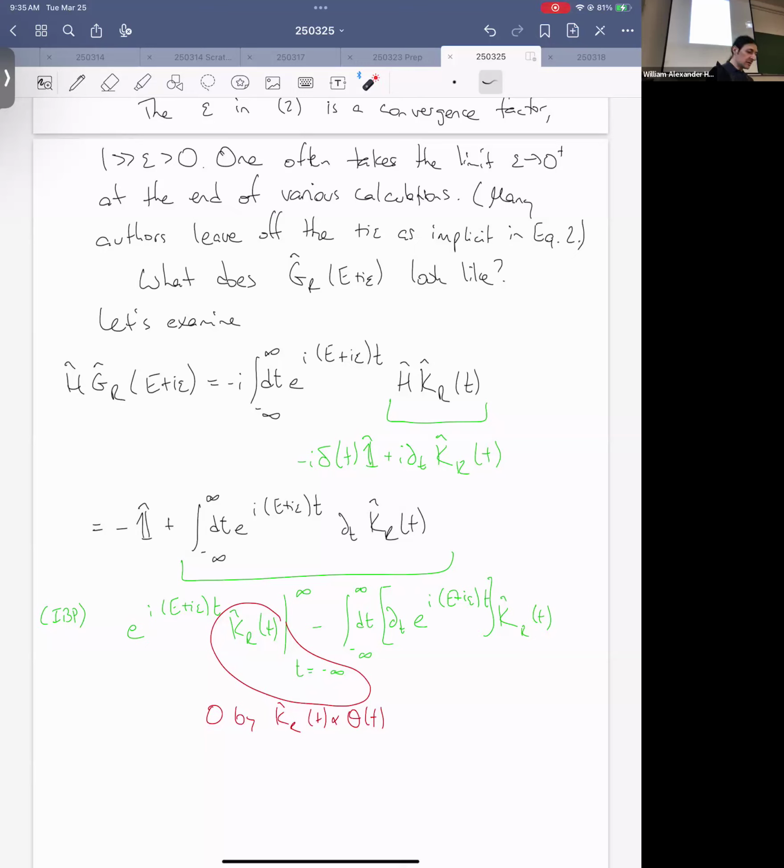Then there's e to the i E t, which is some oscillatory thing, and the retarded propagator operator of infinity, which, as I said, we're assuming is at worst blowing up polynomially in time. And if that's the case, then the upper bound is also 0.